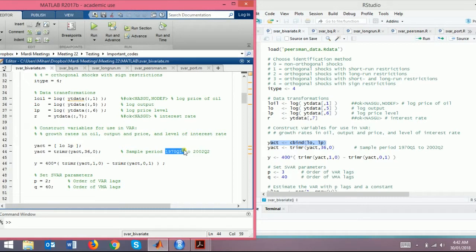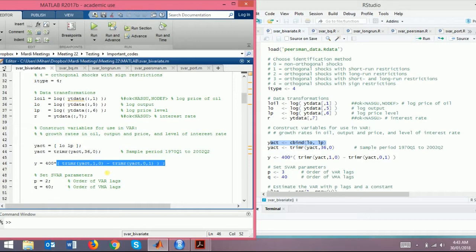In line with our question, we want to have our variable scaled by 400. So we are scaling our variable by 400, and from the logarithm of output and logarithm of prices, we are just taking the log difference, which is yt minus yt-1.